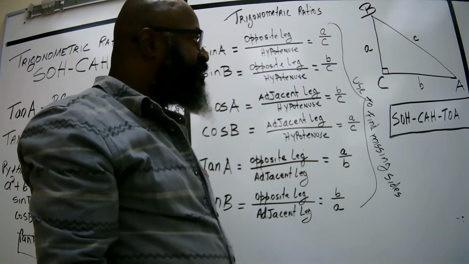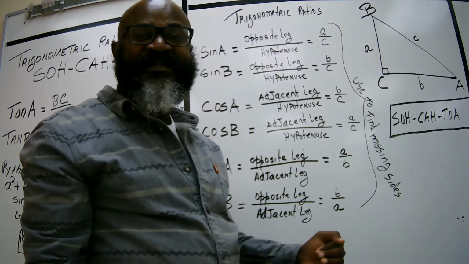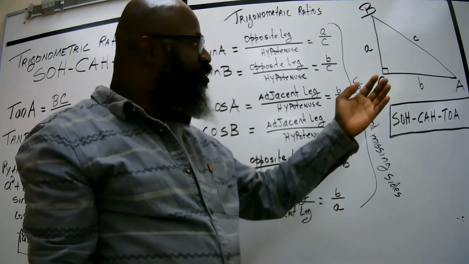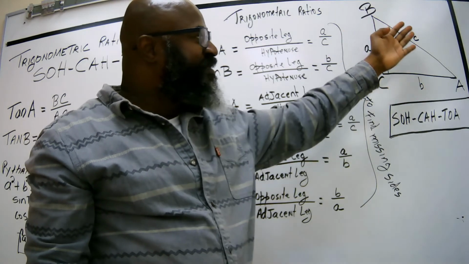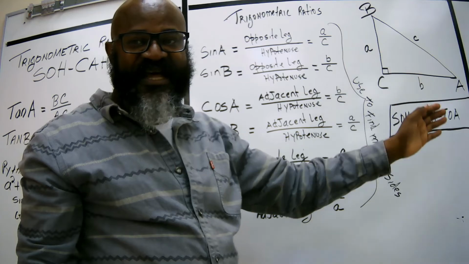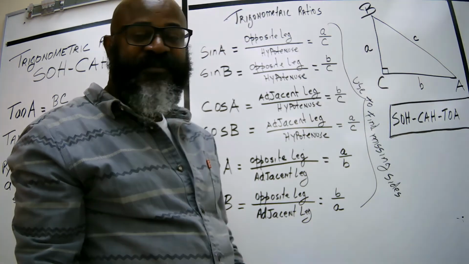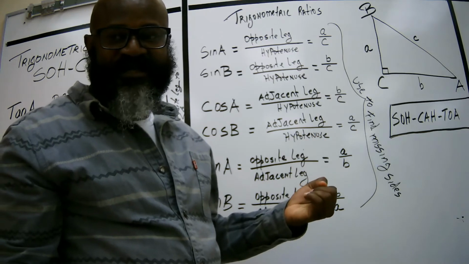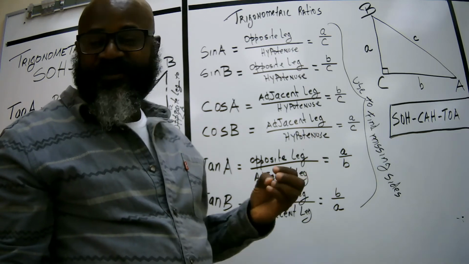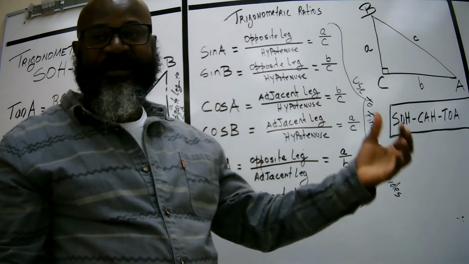So we use capital letters to represent the angles, and lowercase letters to represent the length of each side. The lengths of the sides, including the hypotenuse, are written with lowercase letters. The capital letters are used for the angles. The angles are expressed in degrees.